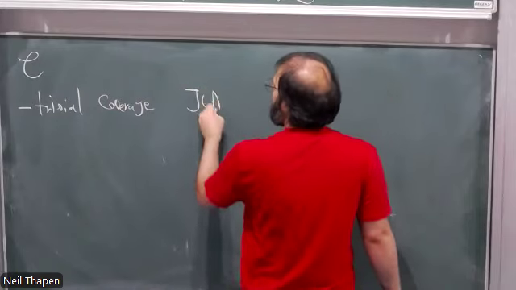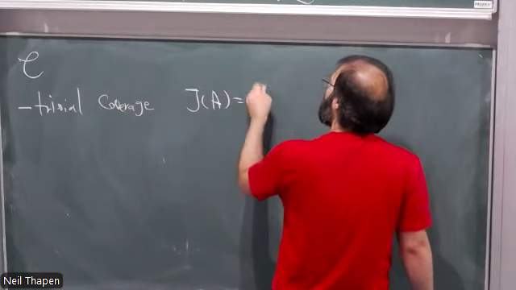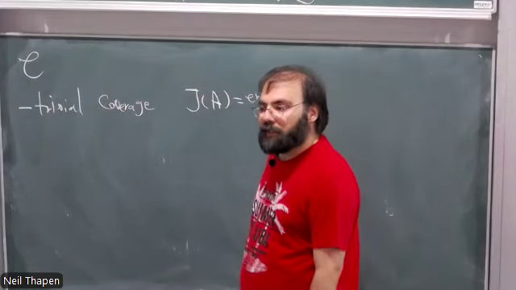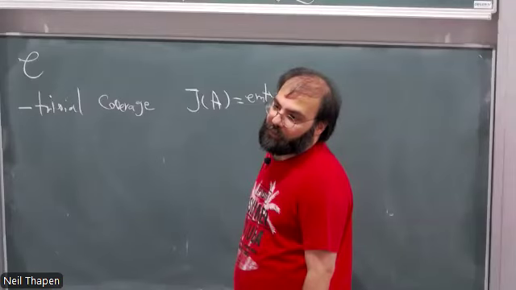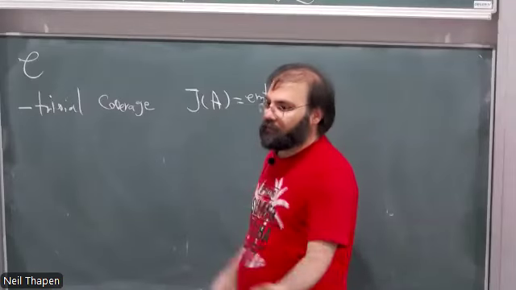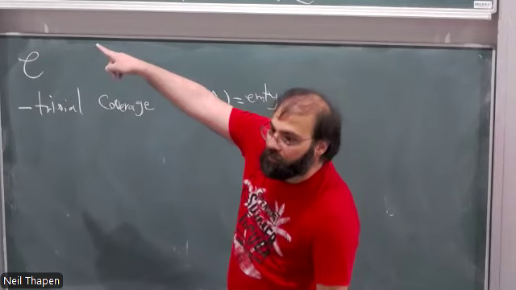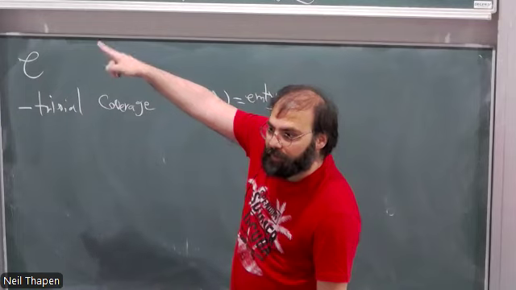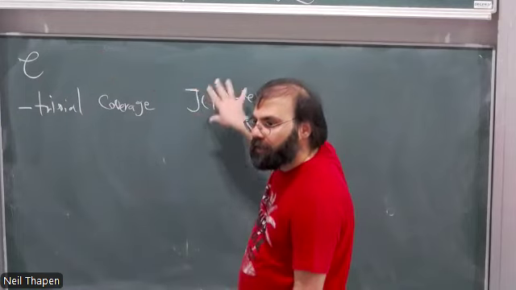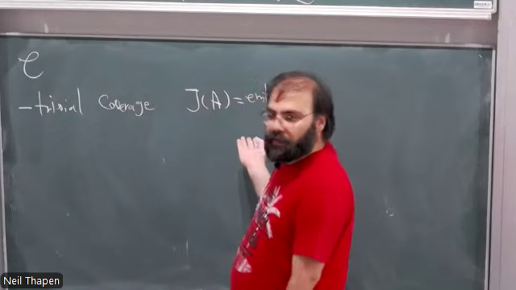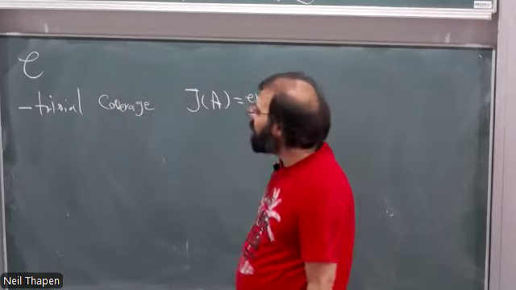J of any A is empty. No family is covering. You have one A, nothing covers A. There is nothing there. And of course, you have that condition for obvious reasons, because it says that for any covering family, for any map, blah, blah, but there is none. So that's ridiculous, but you have to.